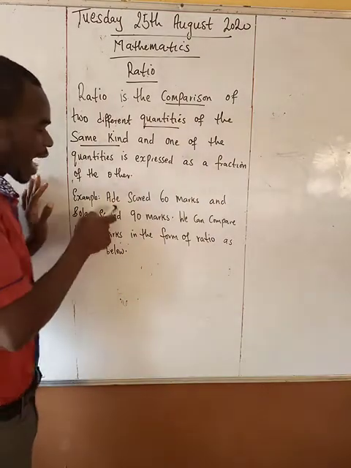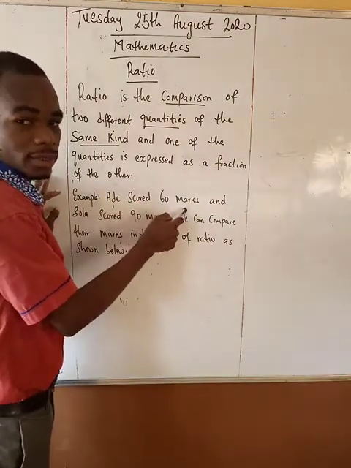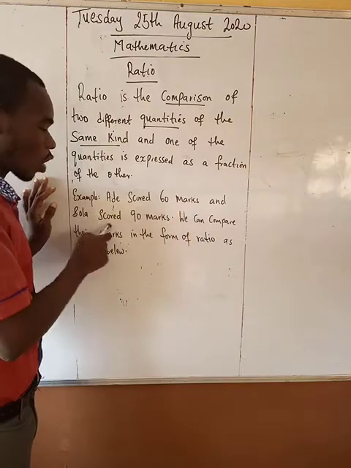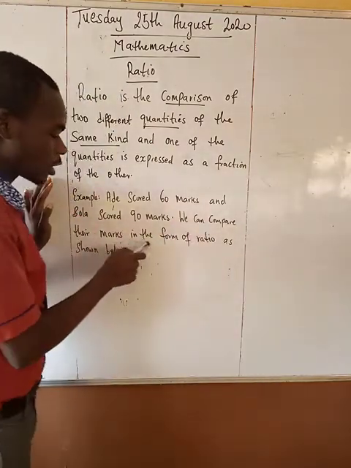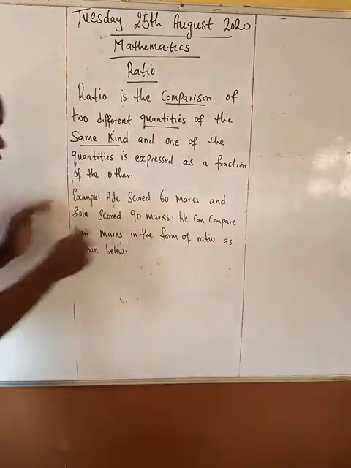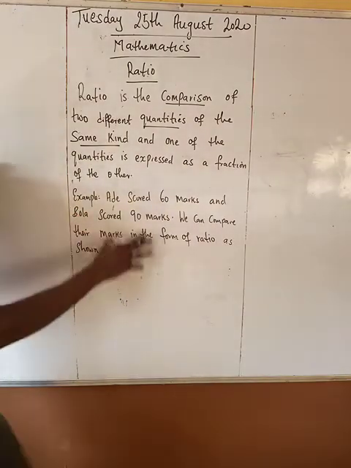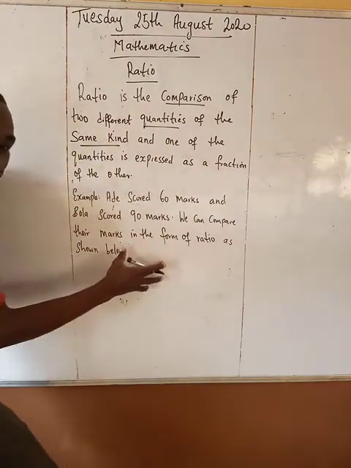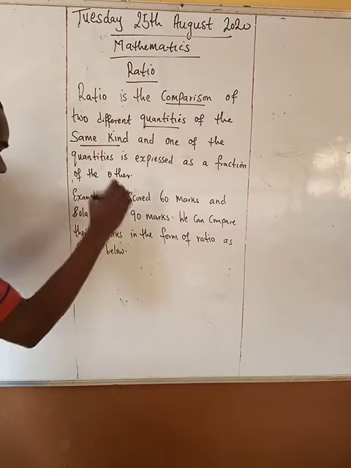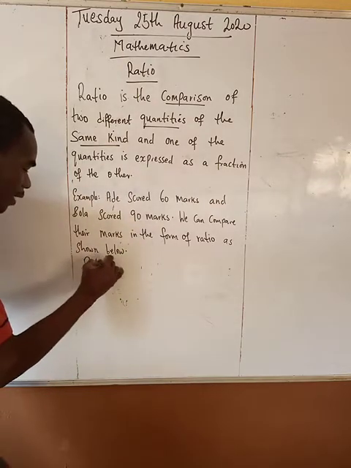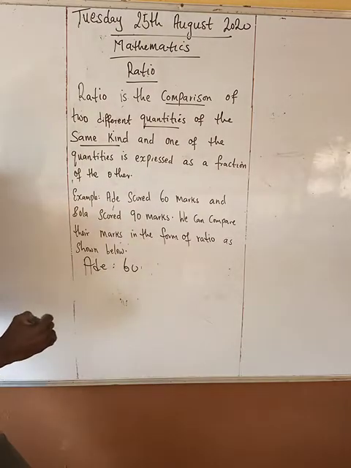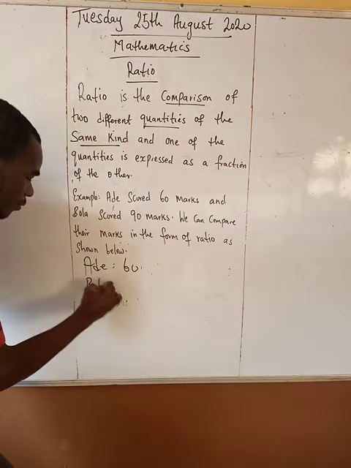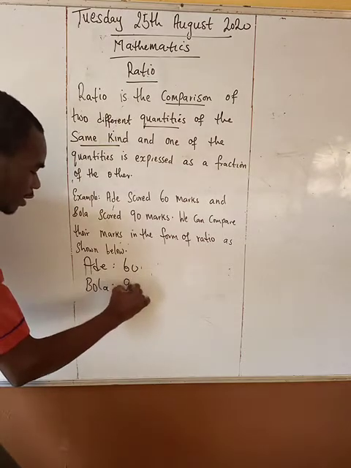Alright? Now let's look at this. Ade scored 60 marks and Bola scored 90 marks. We can compare their marks in the form of a ratio as shown below. If we want to express their marks as a ratio, Ade's mark is what? 60. Bola's mark is what? 90.